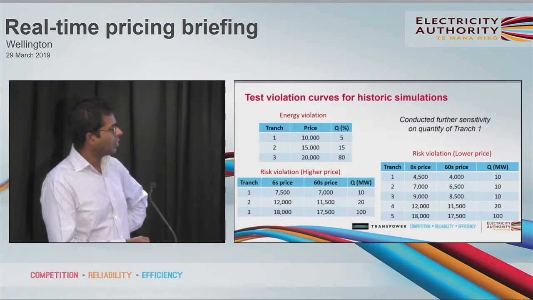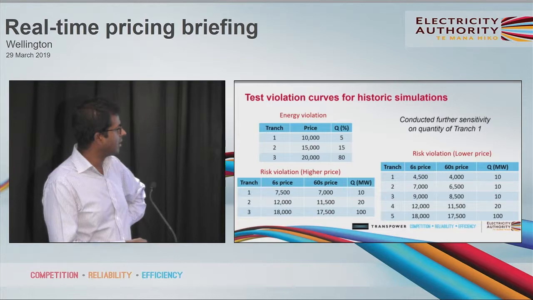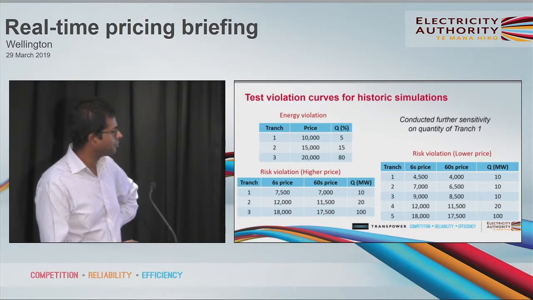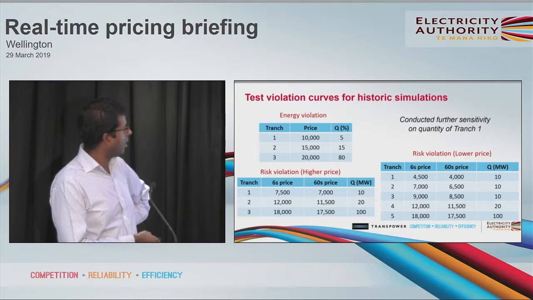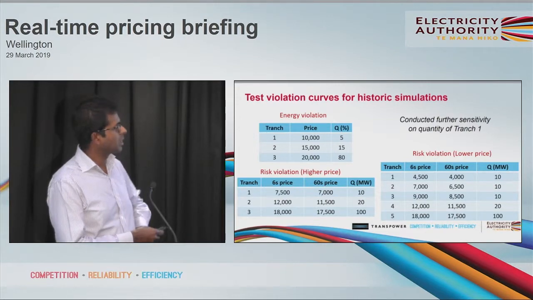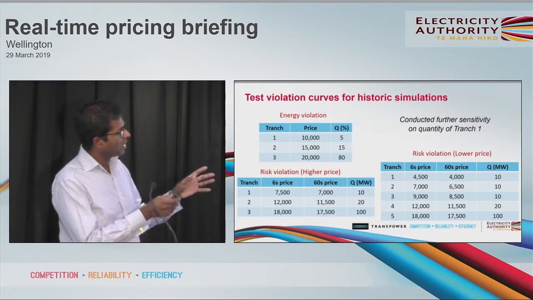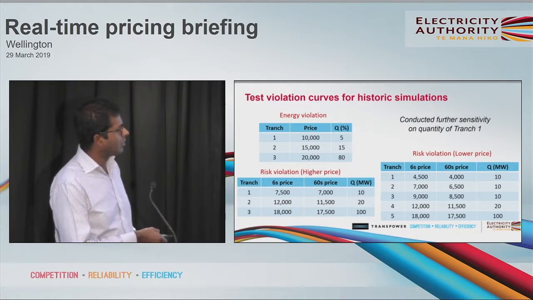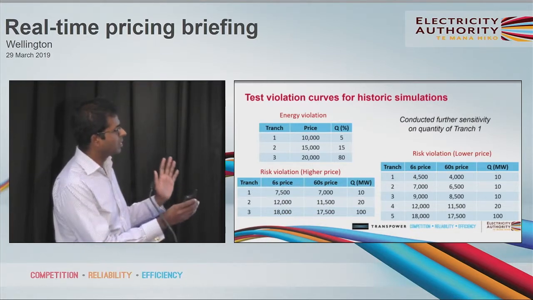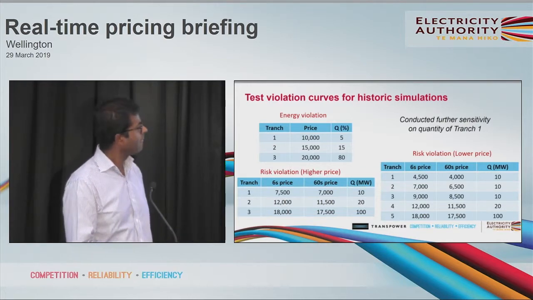And we call this the lower price option, and there's a higher price option that starts off at a higher first tranche. And we did further sensitivities on making this first tranche wider. We just want to see, given this framework, when we start turning the dials of increasing the prices and increasing the widths of these tranches, what effects does it have?